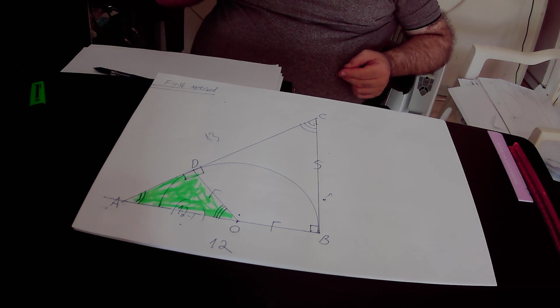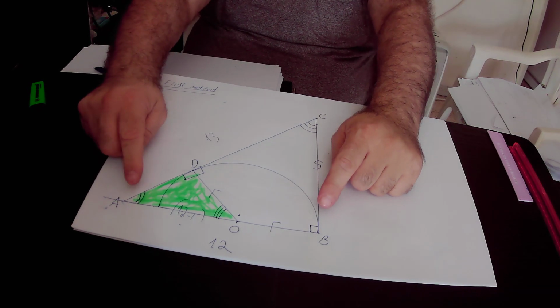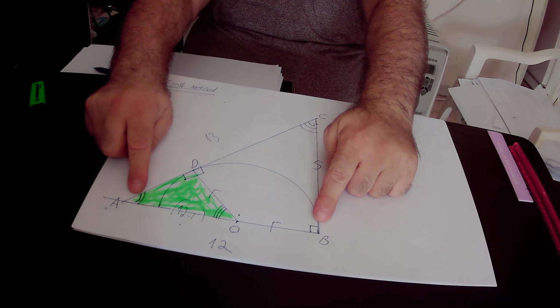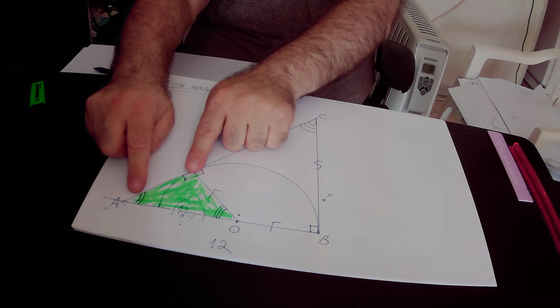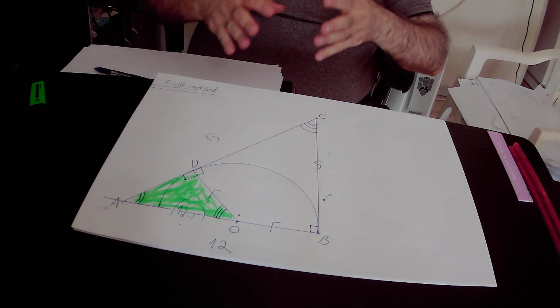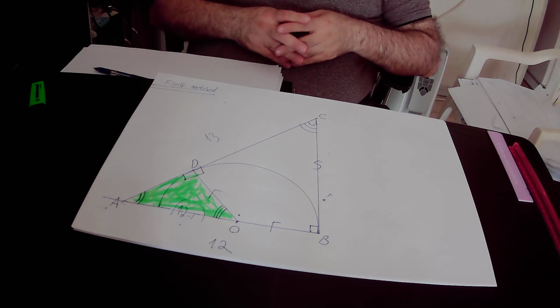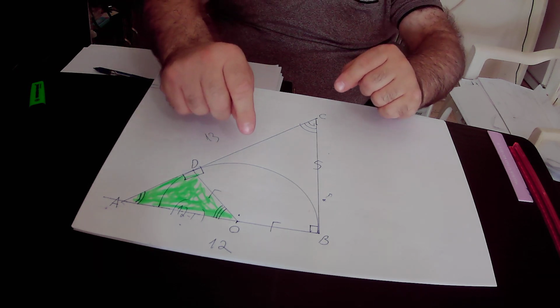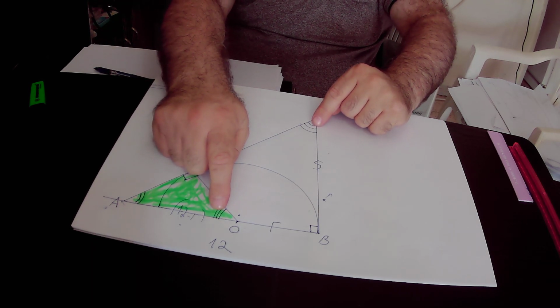And if we have those two angles in triangle ABC congruent to those two angles in the green triangle, so we have in those two triangles two pairs of angles that are congruent. Therefore, according to the third angle theorem, the third pair of angles must also be congruent.